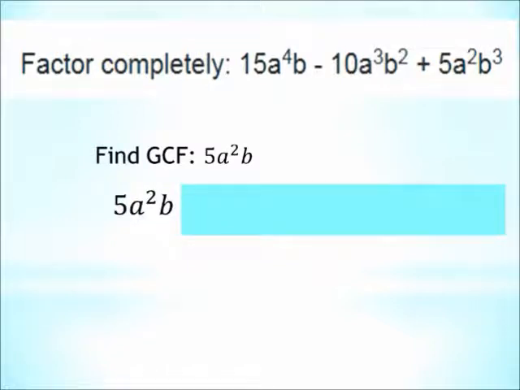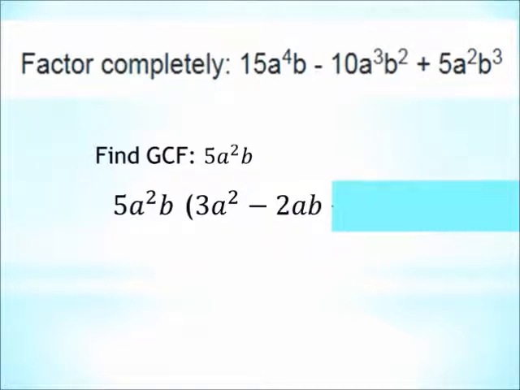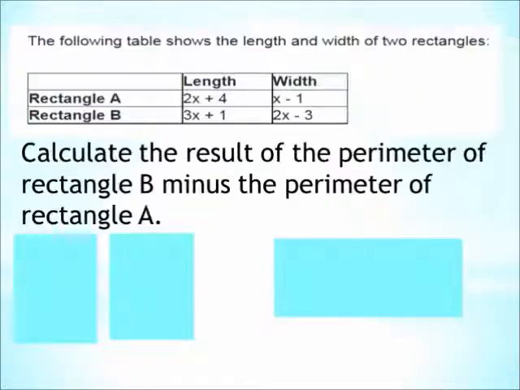We're going to take each term and divide by 5a squared b. Our result in the first term would be 3a squared. Then we would end up with negative 2ab. And then we would end up with b squared. At this point, we cannot factor any further. So this would be our final answer.